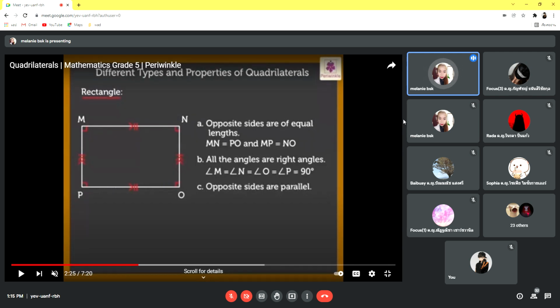So what are the equiangular quadrilaterals? Square and rectangle only. You understand, children? Can you follow? Yes or no?